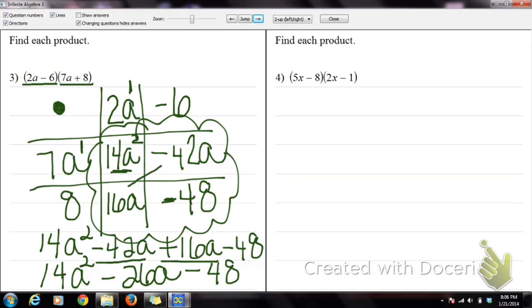Notice you'll always have like terms in your chart on this diagonal. And I hope this chart helps, but I'm going to show you how to do one other method using our next example problem number 4, which also works with number 3.